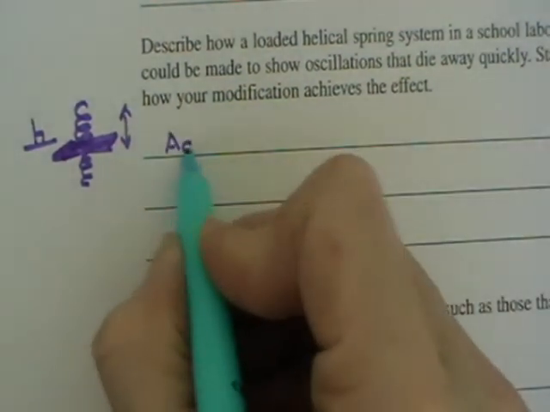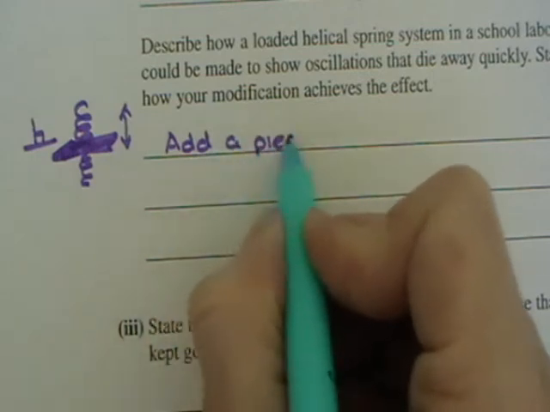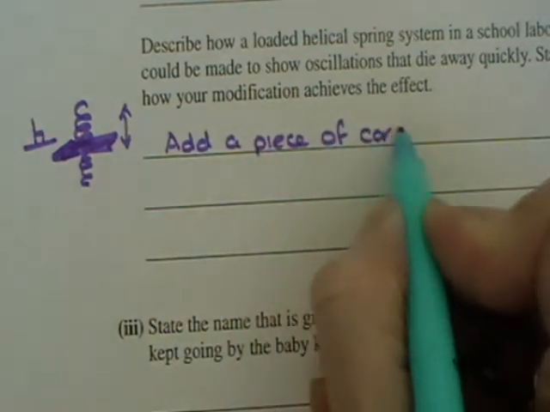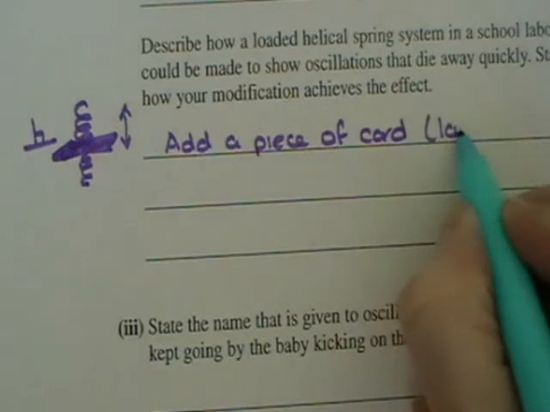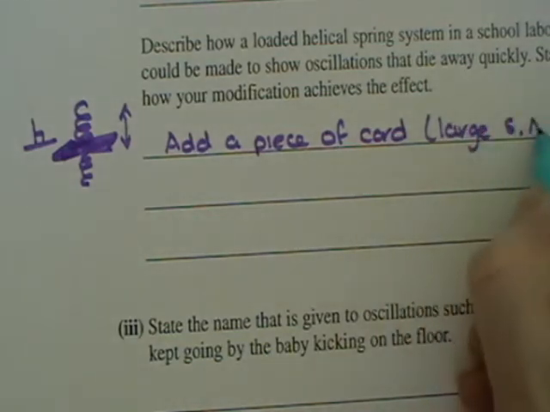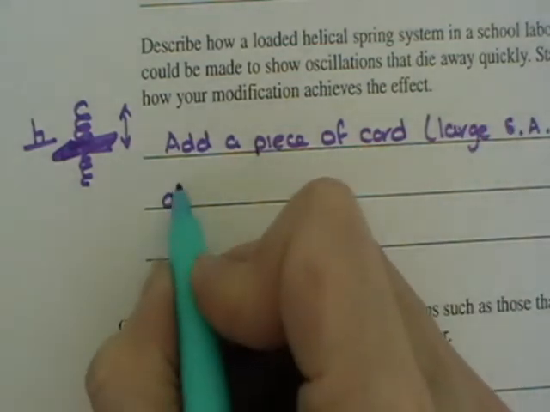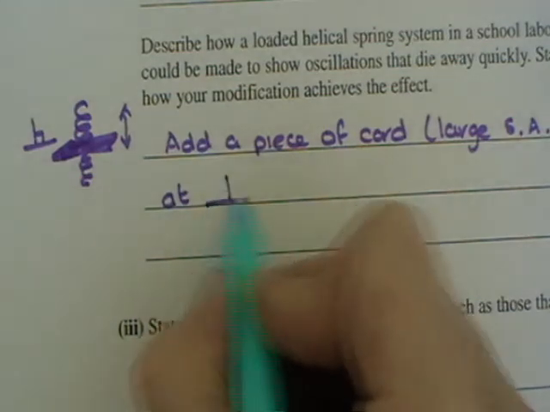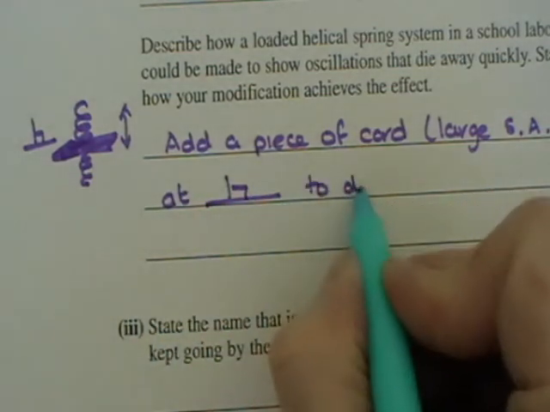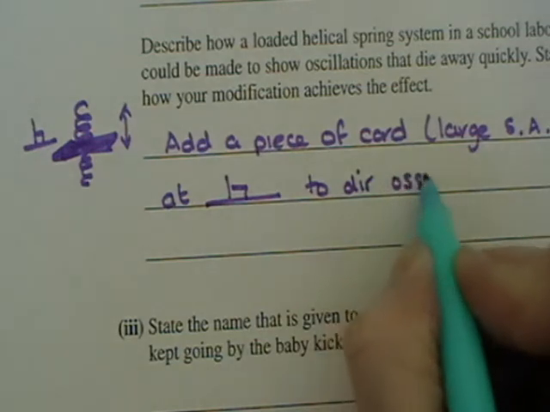So you could add a piece of card with a wide surface, large surface area, perpendicular to the direction of oscillations.